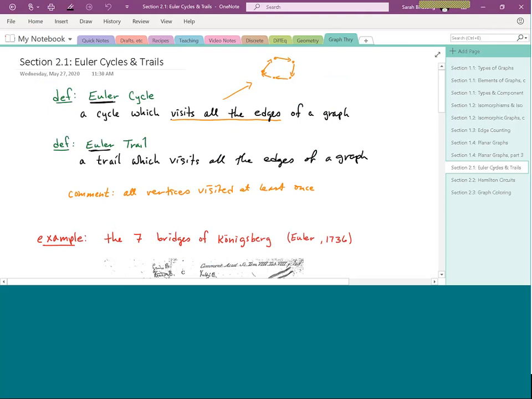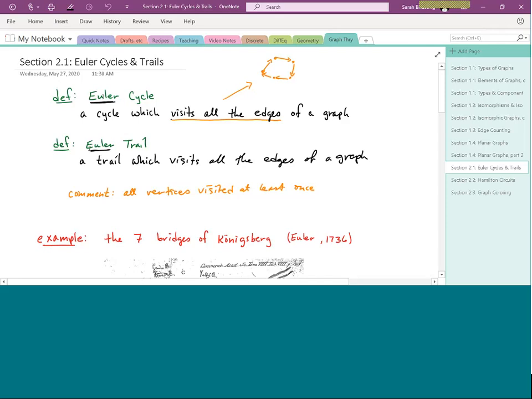But in that case, let us look at some more examples of the Euler cycles and trails. Remember the key thing here, and even if you don't bother to remember the second half of the name, the cycle or the trail, the key thing to remember is this Euler.